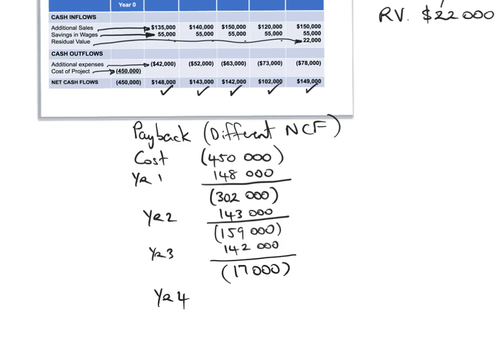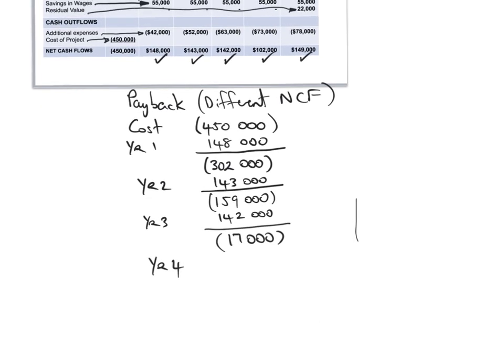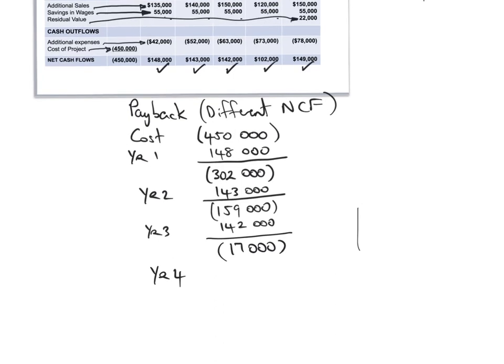So now in year four, if we have a look at year four, the cash flow is $102,000. So that project's going to pay for itself between year three and year four. So let's have a look at how we would deal with that. So the cash flow from year four is $102,000.